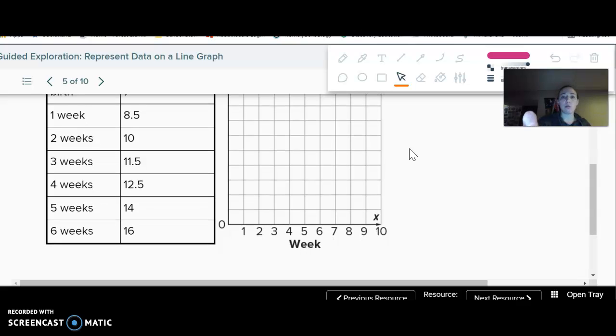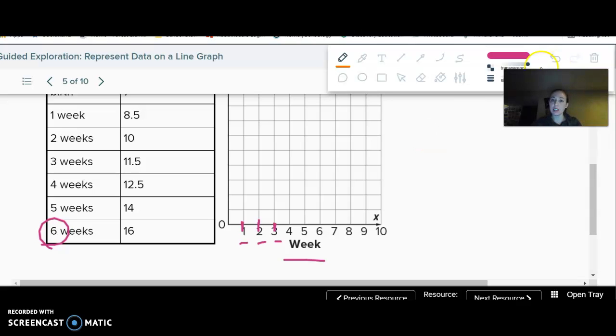So write week, and then go ahead and write the numbers 1 through 10. It only goes to 6 weeks, but usually we fill out all the lines that are there. Do make sure you put the numbers on the line, not in the space. So 1, 2, 3, 4, 5, 6, 7, 8, 9, and 10.